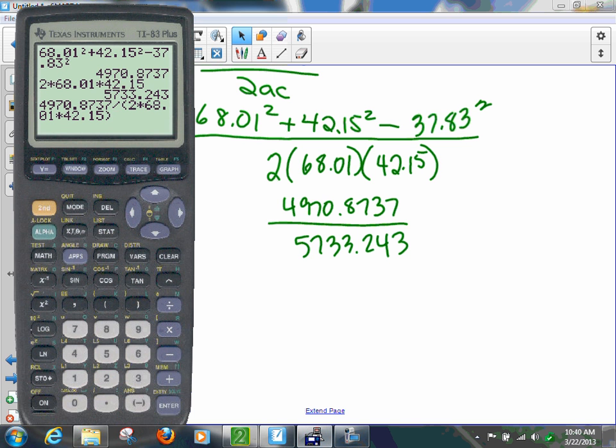Look what I'm doing. If you don't use parentheses on the denominator, the calculator is going to recognize order of operations. And all it's going to do is 4970.8737 divided by 2, calculate that quotient, and then multiply that quotient by 68.01 times 42.15.